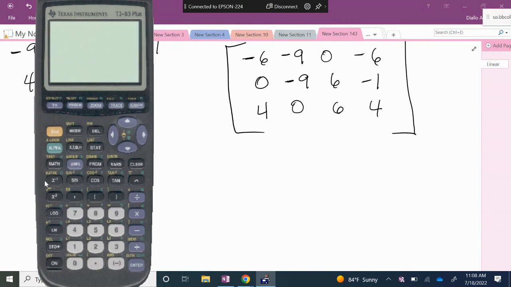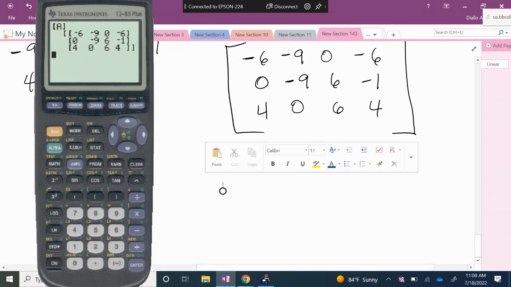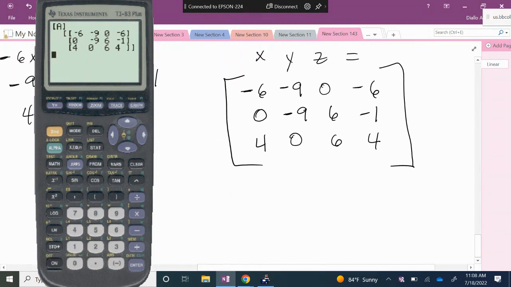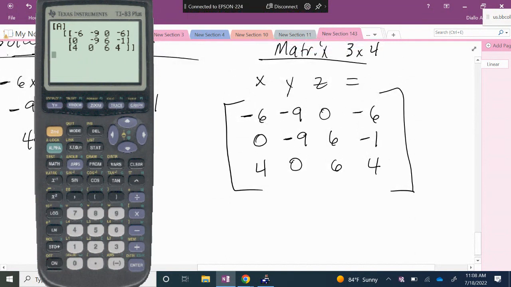And I'm just going to check this out. -6, -9, 0, -6. All right, so I have the matrix entered in correctly.